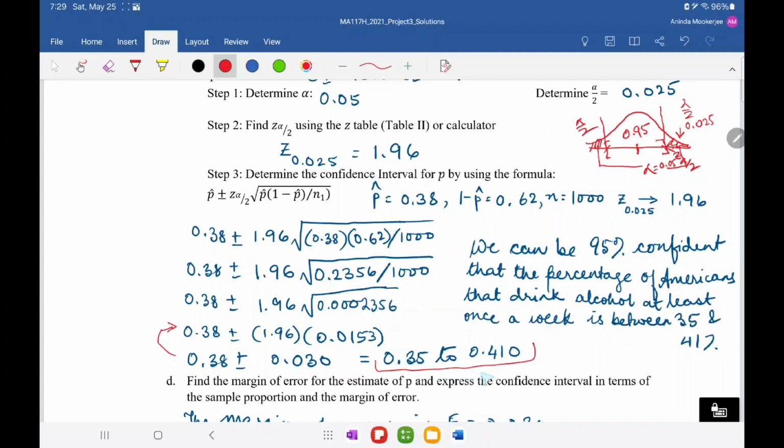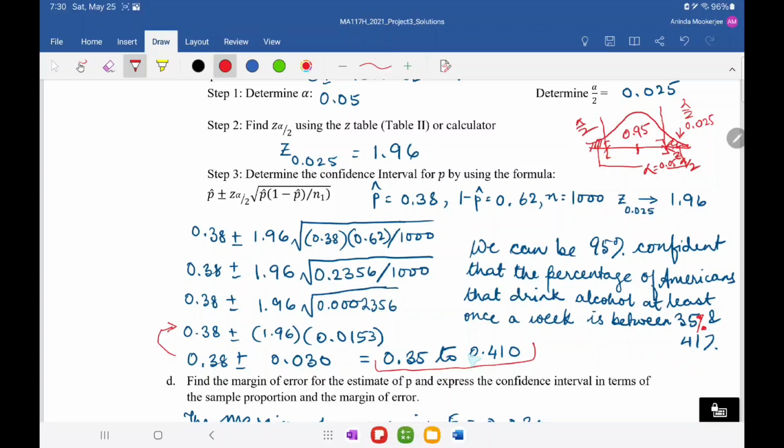So now that we have our confidence interval figured out, just write your interpretation. Even if the question doesn't ask for it, please write an interpretation. It says we can be 95% confident that the percentage of Americans that drink alcohol at least once a week is between, now here we have stated this in percentage. Make sure we have the percentage sign.